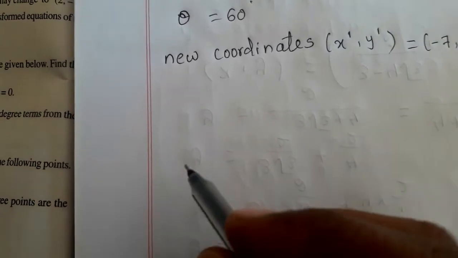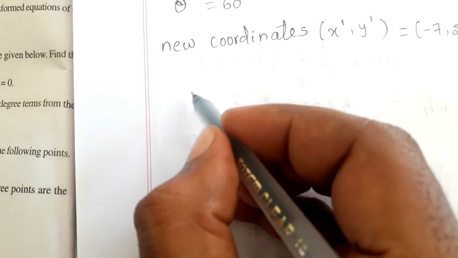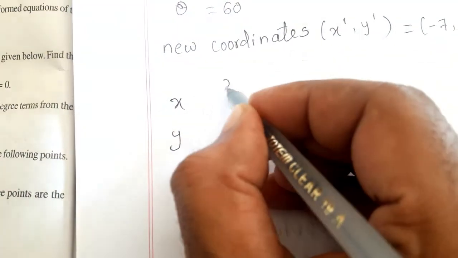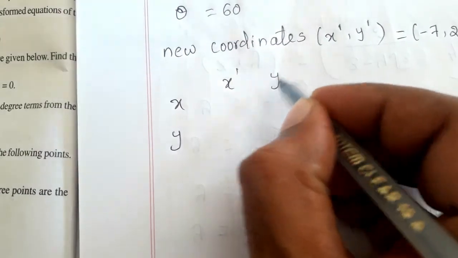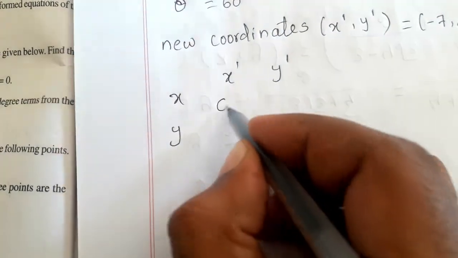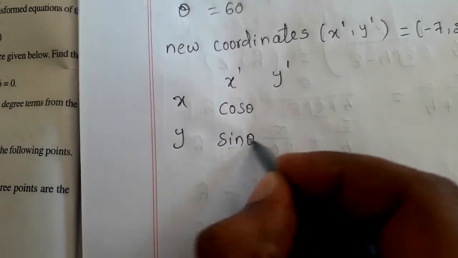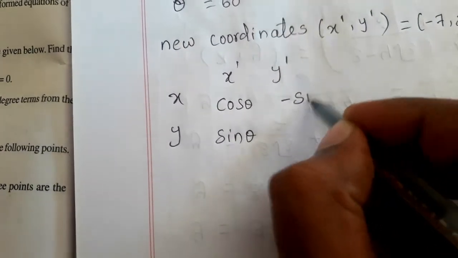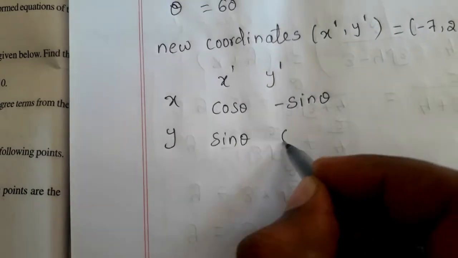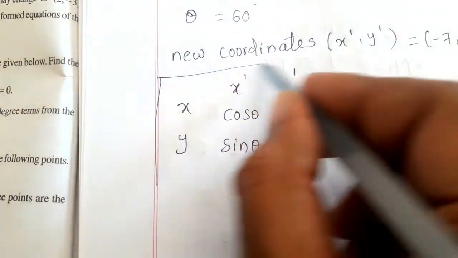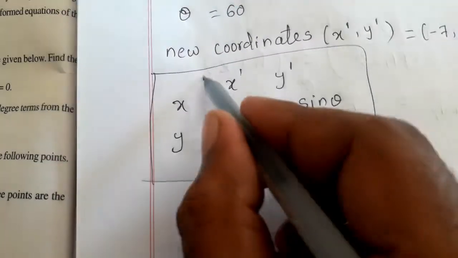So we have to find the original coordinates by using the formula x y equals the box with x dash y dash, cos theta, sin theta, minus sin theta, cos theta. Use this box and find out the original coordinates.